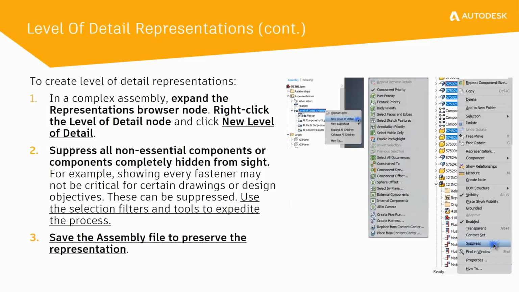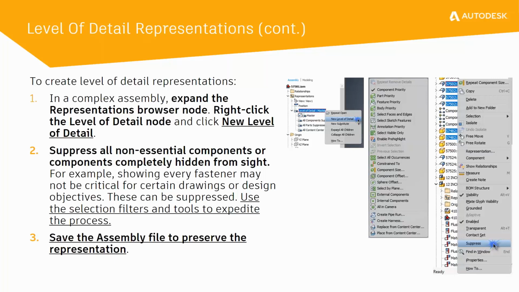So again, how do you create LODs? Very similar to creating a new view rep. Inside of an open assembly, you expand the representations folder. You should see a level of detail. Inside of here, you can right-click that and say new level of detail, which will insert a new level of detail at the bottom of that list. You can slow-click that and then rename it to whatever you want to call it.